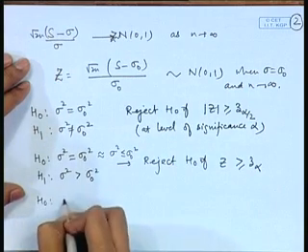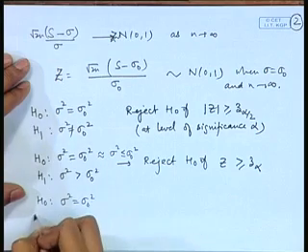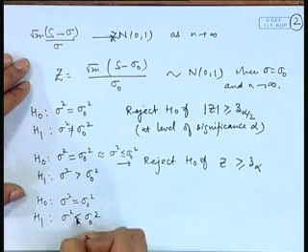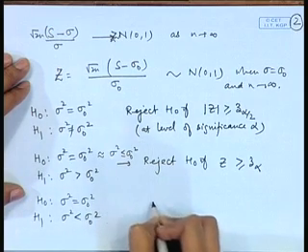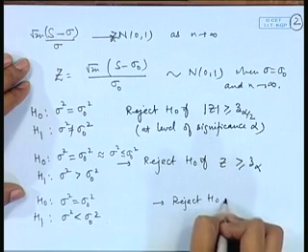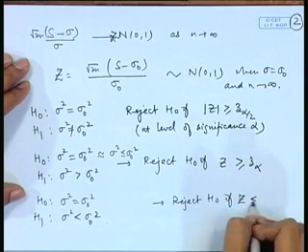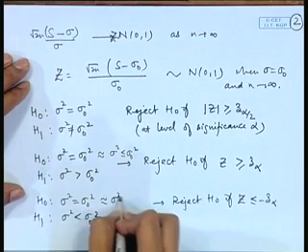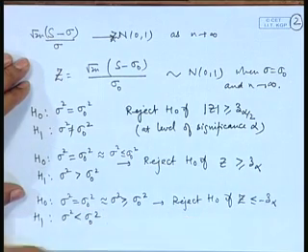Similarly, if I am considering sigma square is equal to sigma naught square against one sided alternative sigma square less than sigma naught square, then we will reject H naught if z is less than or equal to minus z alpha, and again this is equivalent to sigma square greater than or equal to sigma naught square.